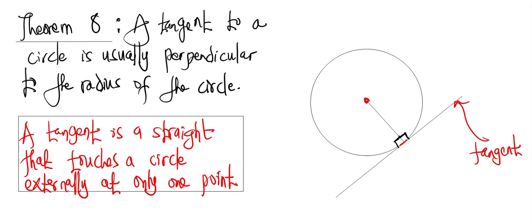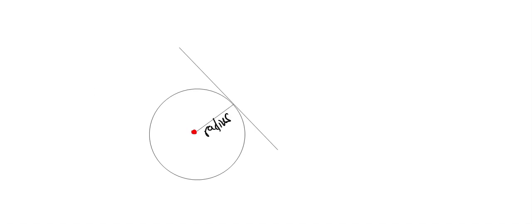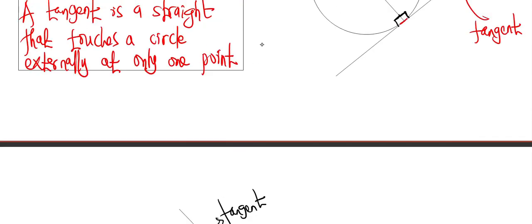That's theorem 8. That's a tangent. This is the radius of the circle. They make an angle of 90 degrees with each other. So let's move on to theorem 9.